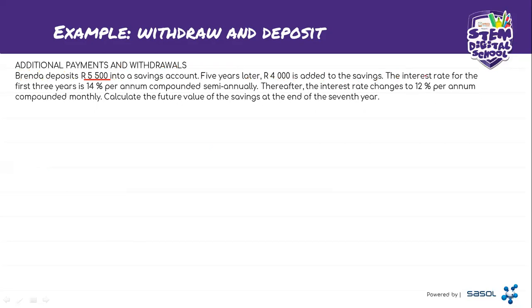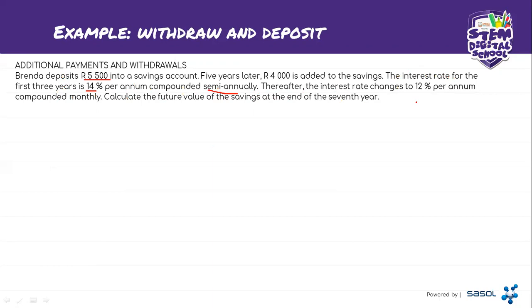And then the interest rate for the first 3 years is 14% per annum, compounded semi-annually. And then thereafter, the interest rate changes to 12% per annum, compounded monthly. Calculate the future value of the saving at the end of the 7 years.